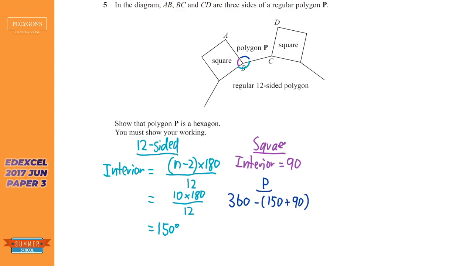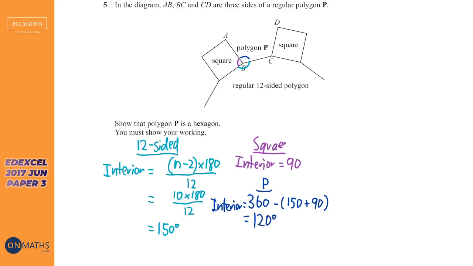And we should say interior. I don't know whether I can actually move that. Oh, there you go. So interior. Okay, so get my calculator. 360 take away 150 plus 90. It's going to be 120. So the interior of polygon P is 120 degrees.